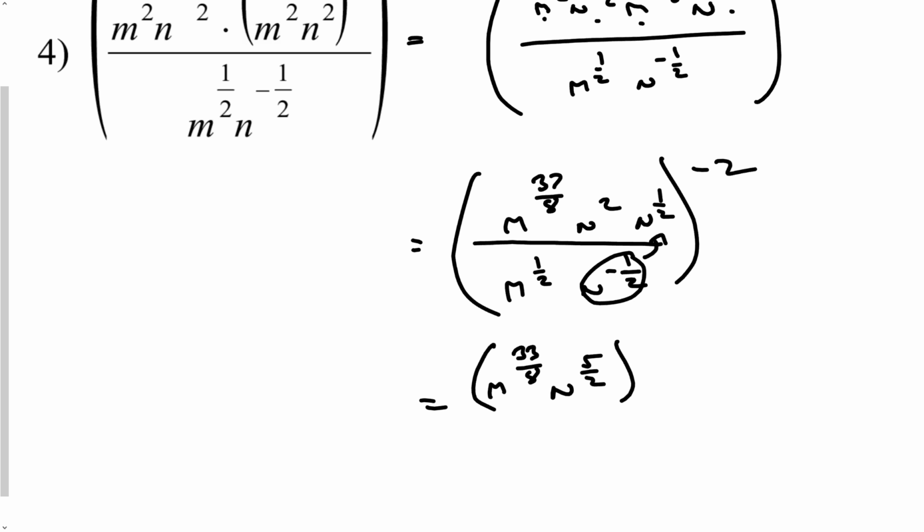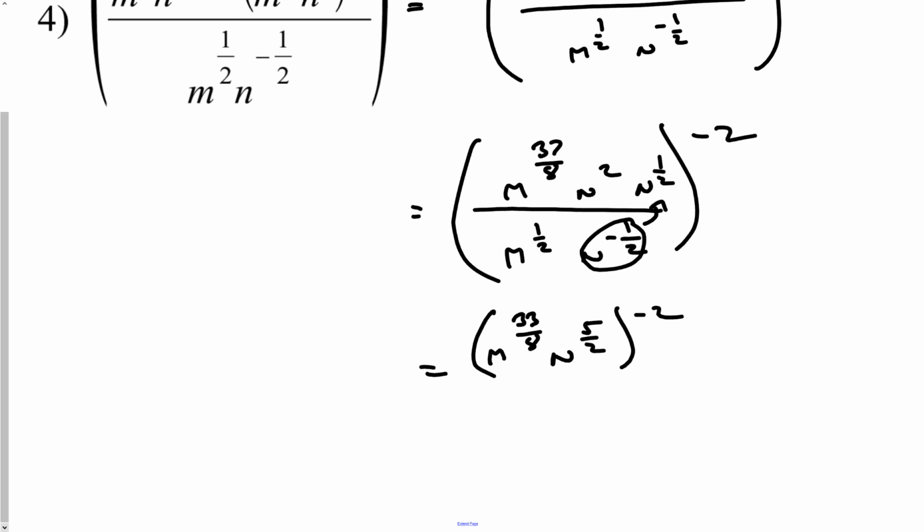Now neither one of those are in a denominator for now, but because of this -2, let's think about how we want to handle this -2 exponent. I can move both of these to the bottom of a fraction and make that exponent positive, or I could distribute the -2 exponent to both of those and then move them at the end.